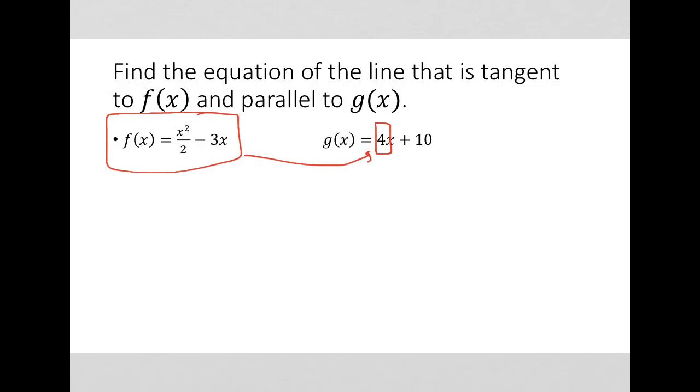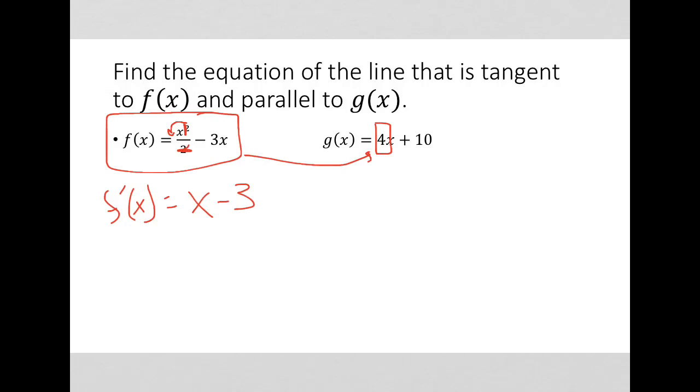I need to take the derivative. So f prime of x equals, power rule says, multiplied by 2. So I get 2 over 2, so that goes away. And I drop the power down by 1. So I'm going to get x minus 3 for that derivative.